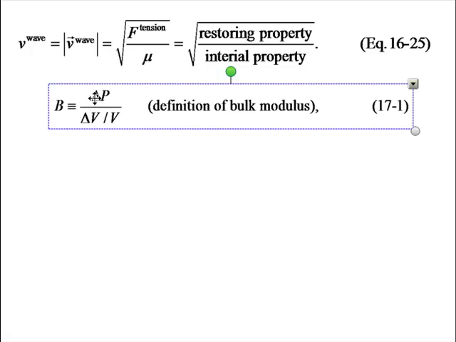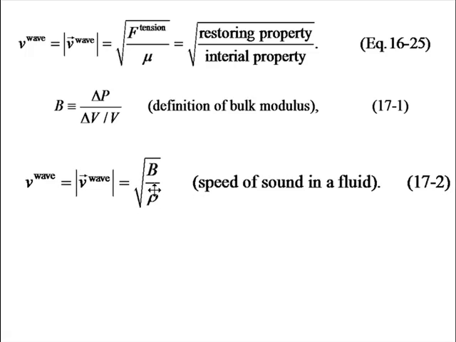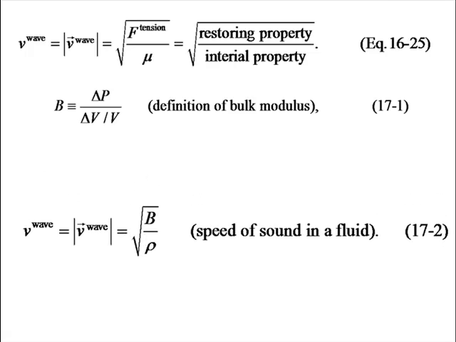One note, sometimes this is written with a negative sign because a decrease in volume generally results in an increase in pressure. So if that is our restoring property, then the inertial property for a fluid, since it's not just in one dimension but in three dimensions, it's the regular density. Okay.